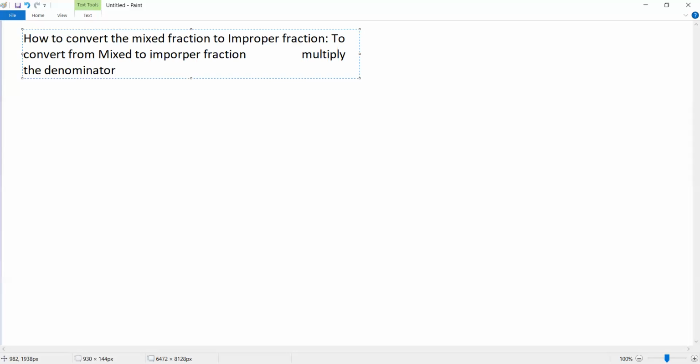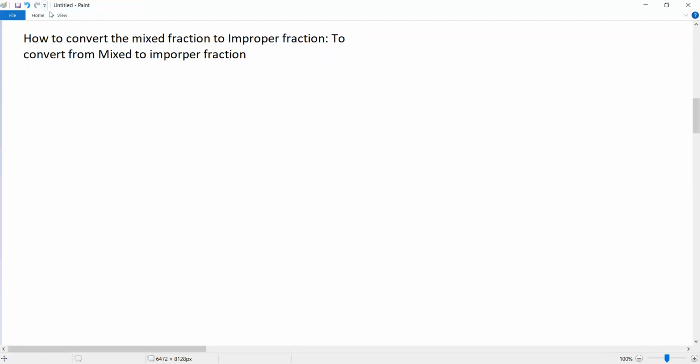We represented the above fraction by a whole b over c. So let me write that here.